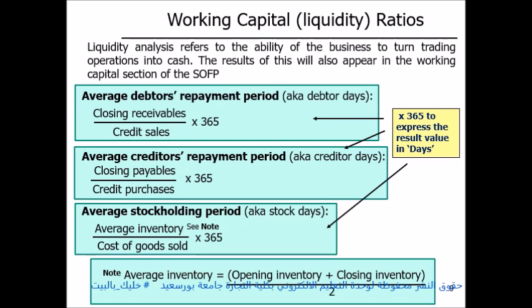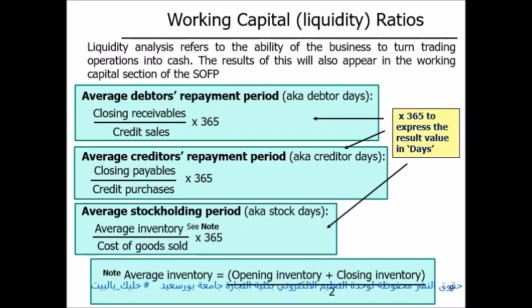Again, we have three main liquidity ratios. The first one is average debtor repayment period. The debtors are the accounts receivable, and it is equal to closing receivables divided by credit sales multiplied by 365. The average creditor repayment period is equal to closing payables divided by credit purchases multiplied by 365.